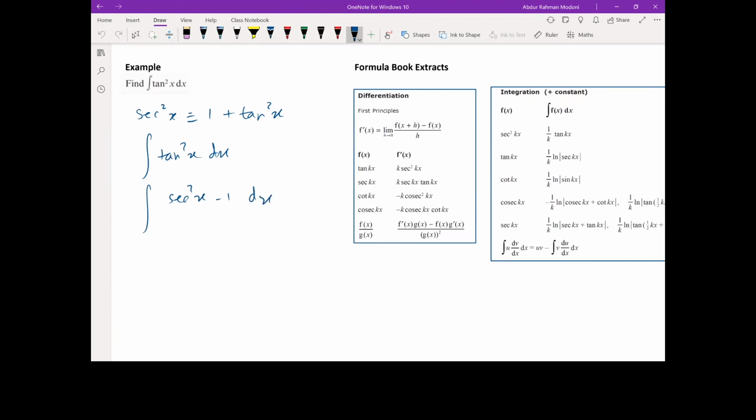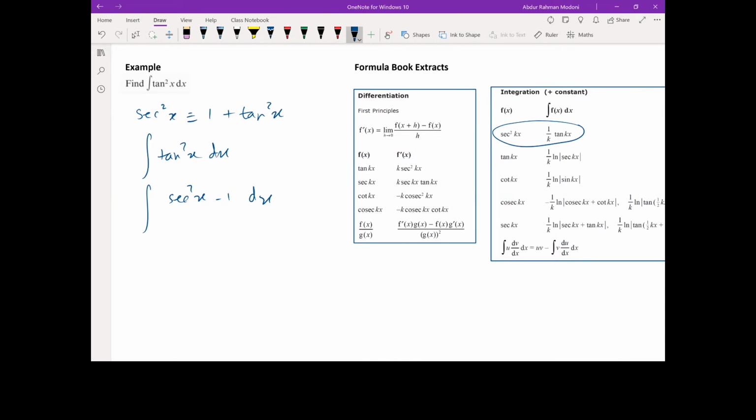Now, can we integrate sec squared? The answer is yes, because we've got sec squared appearing in the formula book on the right hand side, and if we integrate that, we get tan. Or alternatively, the integral of sec squared kx is 1 over k tan kx. So let's integrate this.